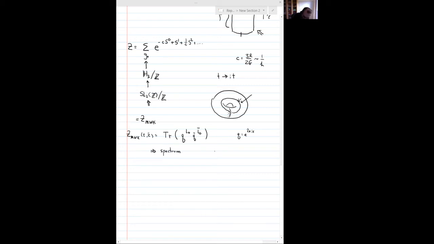And what does the spectrum look like? So now I'm going to draw a very similar picture to the one I drew in the beginning of my talk. I'm going to characterize the spectrum in terms of its energy and angular momentum. But now this is an exact quantum mechanical calculation of the spectrum as done by a path integral. And what does it look like?